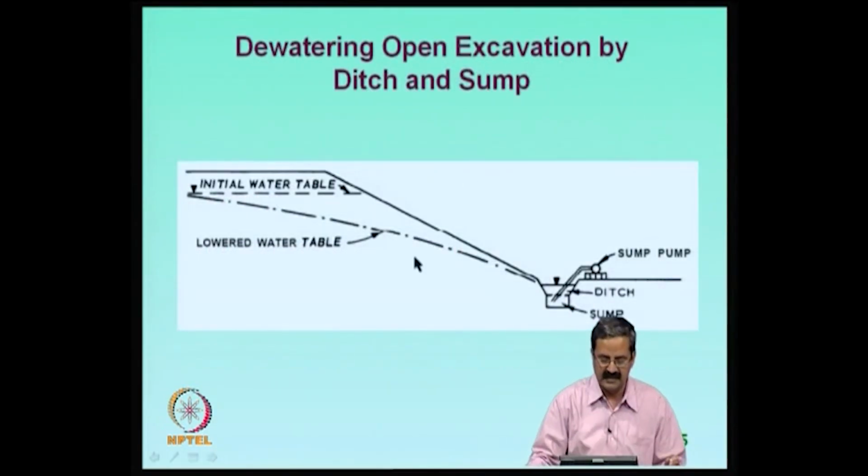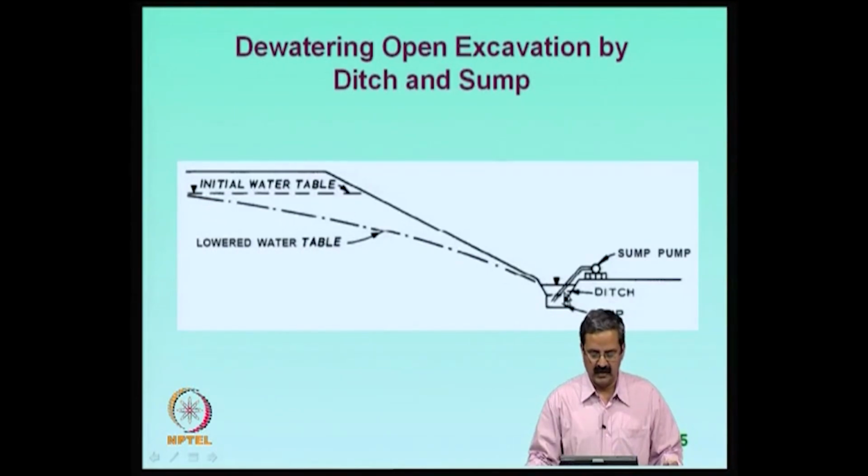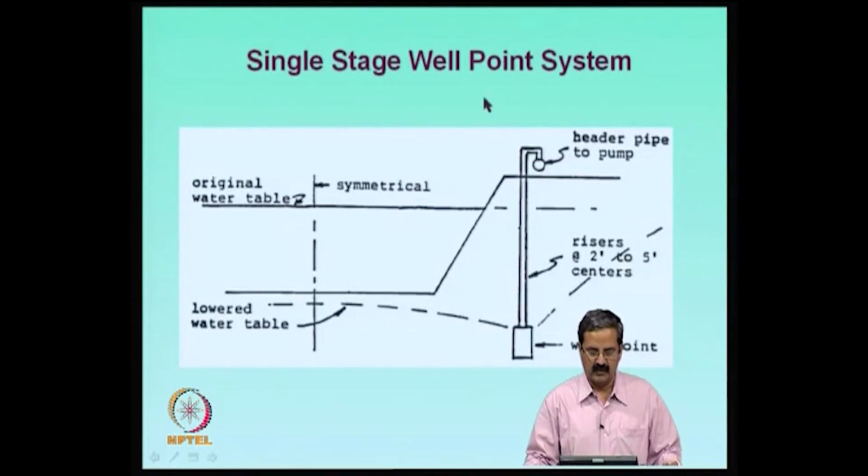And this is a typical example in which one can lower the groundwater table, like this is the initial water table, and then by having this sort of pump arrangement and a ditch and all that, one can lower the groundwater table. This is another one which we call the well point system, in which again there is a water table here. Because of this well point, we are trying to lower the water table from here to here, and this is the bottom of the excavation.